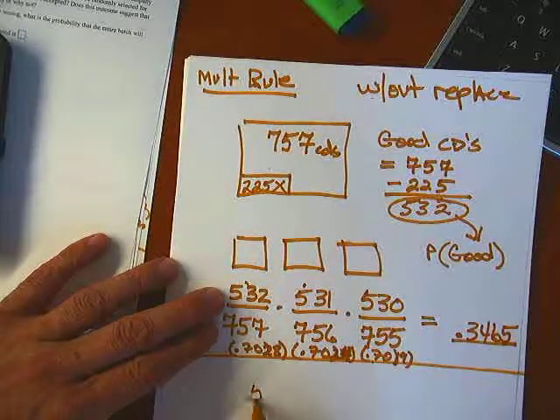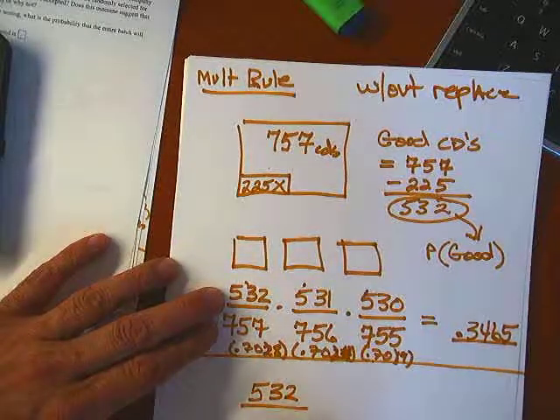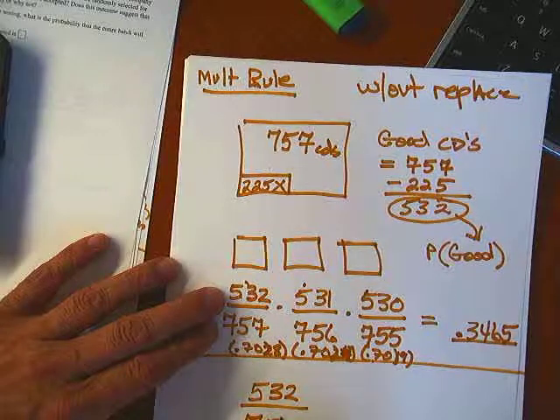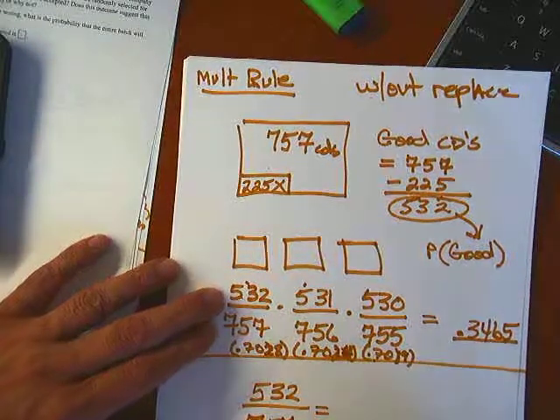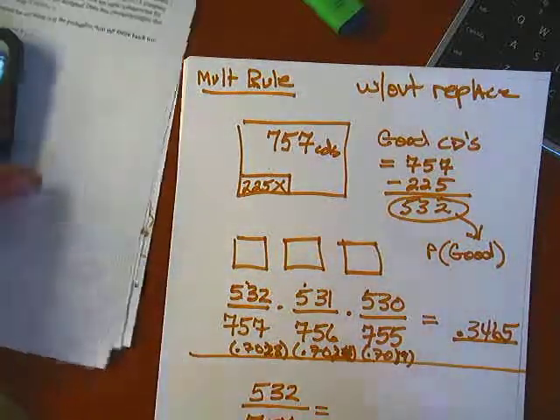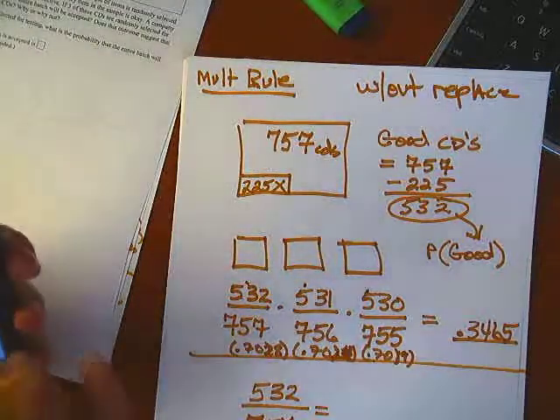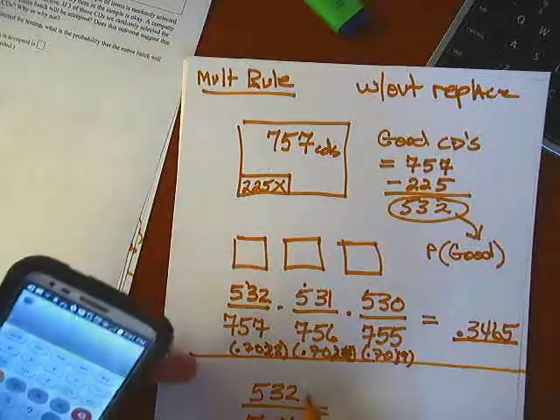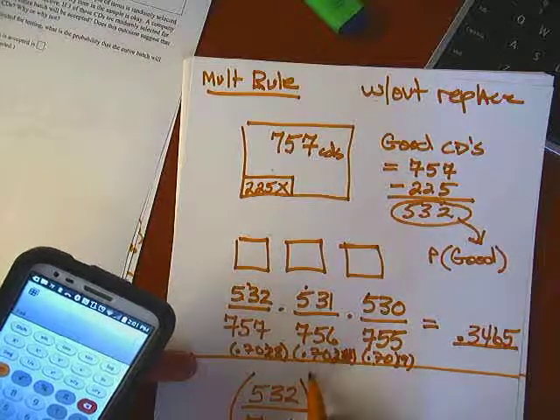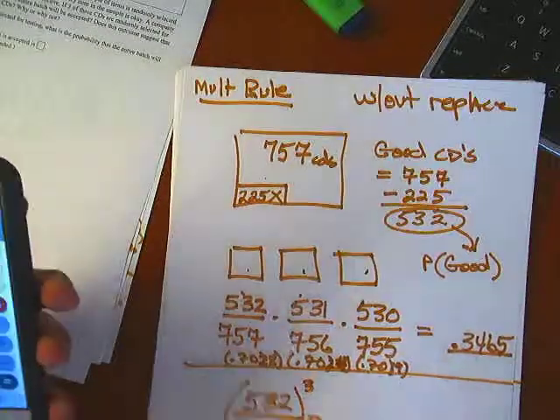So we've got 0.7028 times 0.7024 times 0.7019. I get 0.3465.